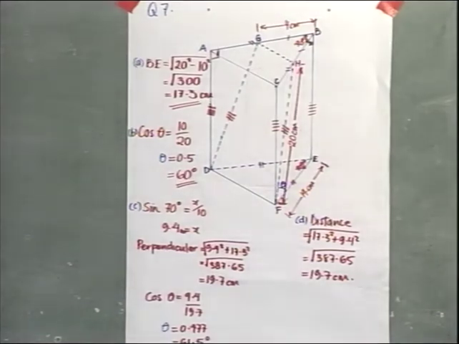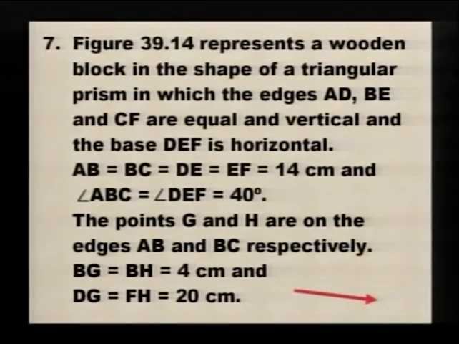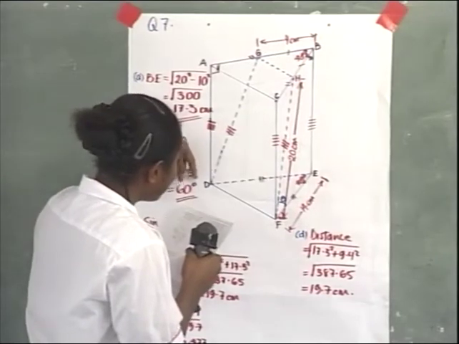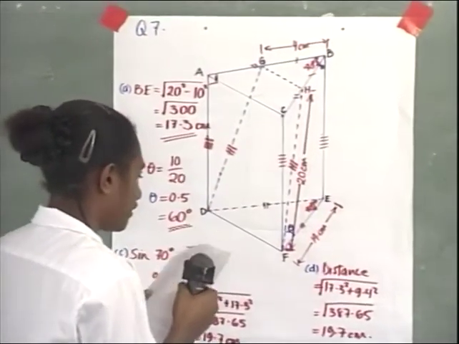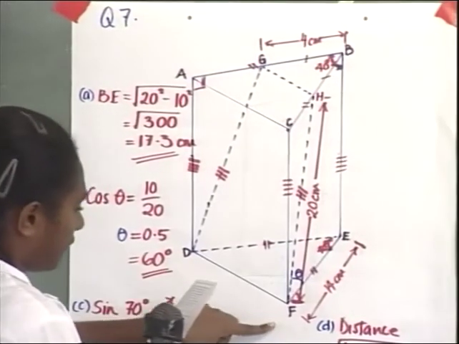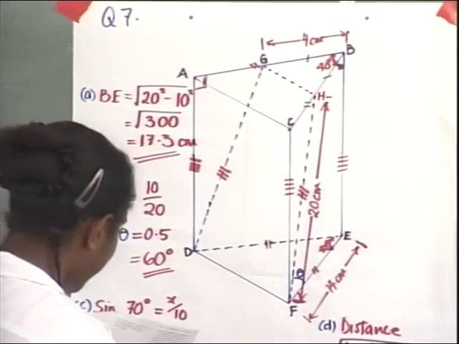Figure 39.14 represents a wooden block in the shape of a triangular prism in which the edges AD, BE, and CF are equal and vertical, and the base DEF is horizontal.